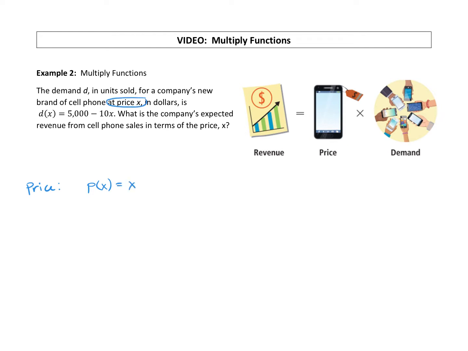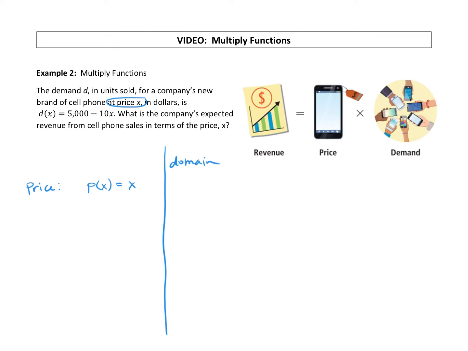We are going to also talk about the domain as we go along here, so maybe we'll just have a column for domain. Normally, if our function is just an X, the domain is all real numbers. There's no restrictions there. However, this has context now. It's actually representing the price in dollars of a cell phone. So what kind of prices can cell phones have?